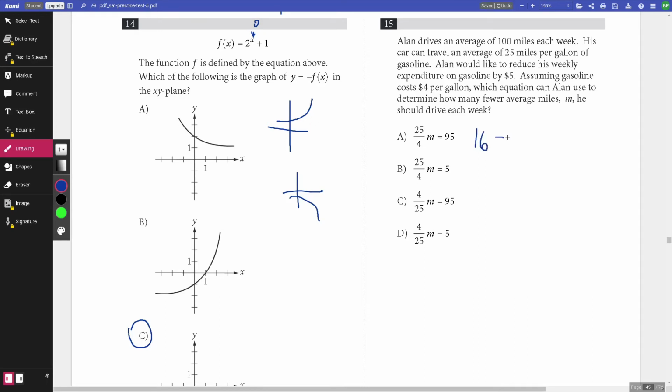So let's model it, so 100 minus m represents the number of miles he would drive once his drive is reduced. So then divide by 25, times that by the price of 4 equals 5.